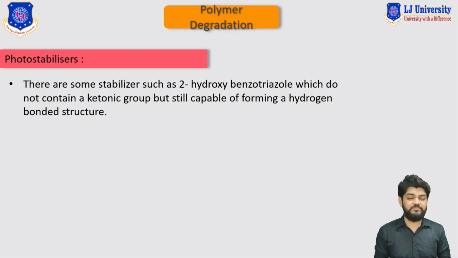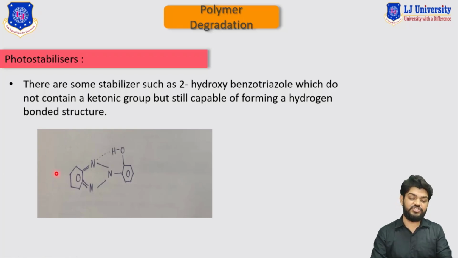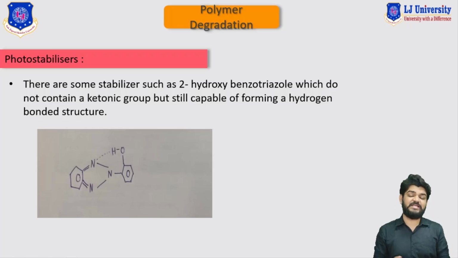There are some exceptional cases in which the ketone and even the hydroxyl group are not present, but they act as photostabilizers and are capable of absorbing ultraviolet rays and protecting our polymer from the photodegradation process. Here you can see an example of such a molecule. This is the chemical structure of 2-hydroxyl benzotriazole, which makes the hydrogen bond on the application of the ultraviolet waves and protects our polymer from photodegradation.